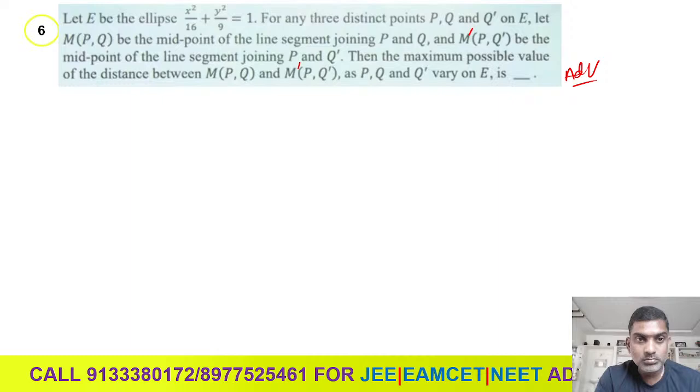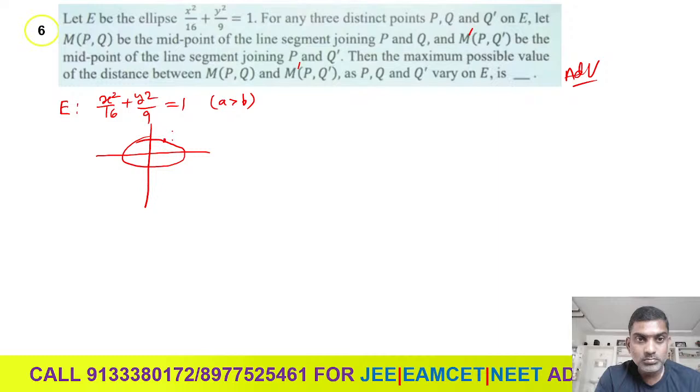They have given an ellipse. What is the given ellipse here? The given ellipse is x square by 16 plus y square by 9 equal to 1. Right? Here A is greater than B, so it's a horizontal ellipse. And here he is saying P, Q and Q prime.